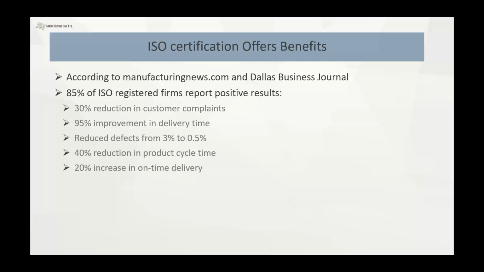Well, certainly a reduction in customer complaints, improvement in delivery time, reduced defects, and again, all of this drives customer satisfaction. I think all of these issues. Also, internally, you're reducing your product cycle time, so that improves your bottom line. And of course, you increase on-time delivery.